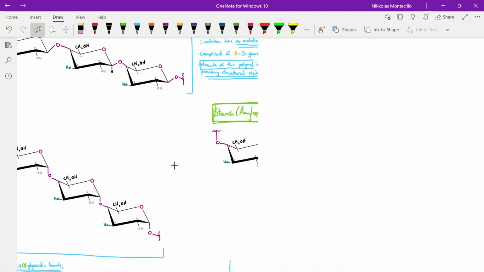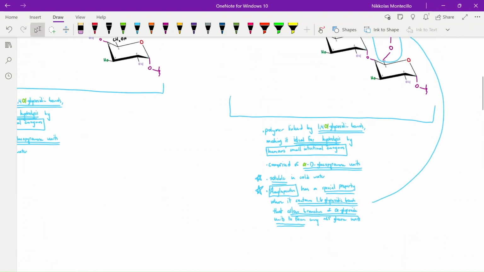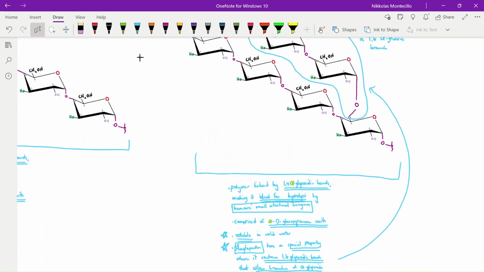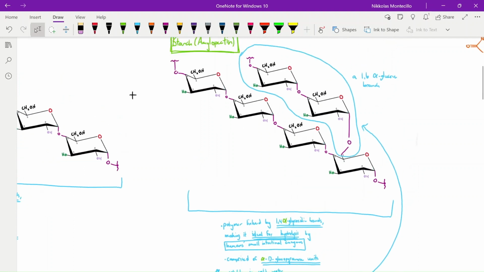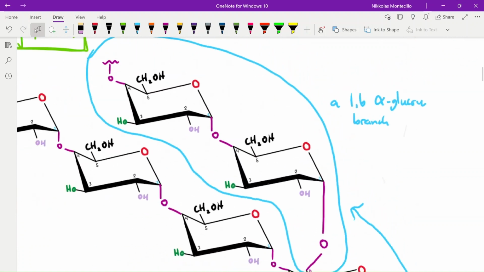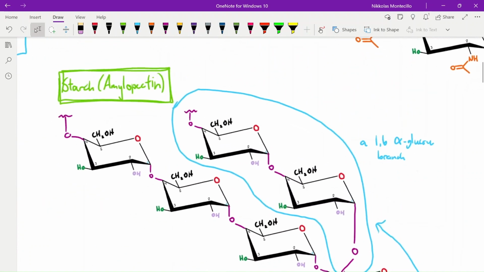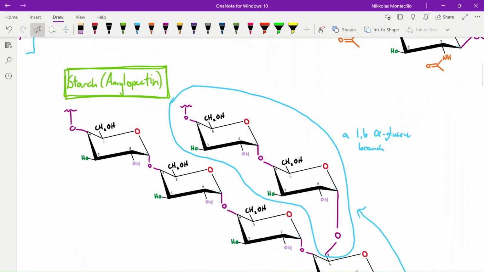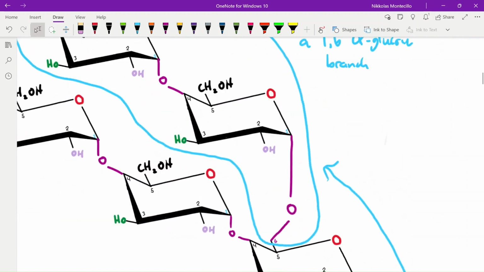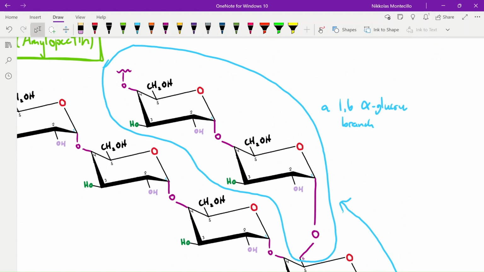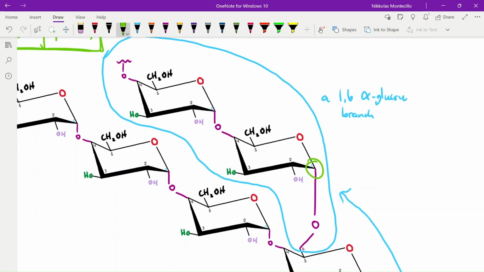Amylopectin also contains 1,6 glycosidic bonds that allow branches of alpha glycoside units to form approximately every 25 glucose units. So another key distinguishing feature of amylopectin is the 1,6 glycosidic linkage, right? You can see the glycosidic linkage formed between these two carbon atoms.